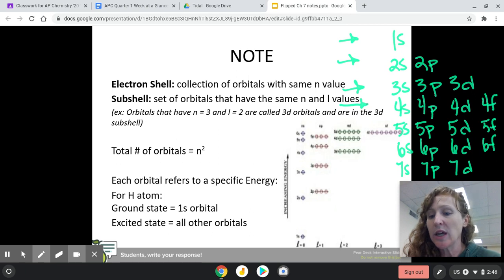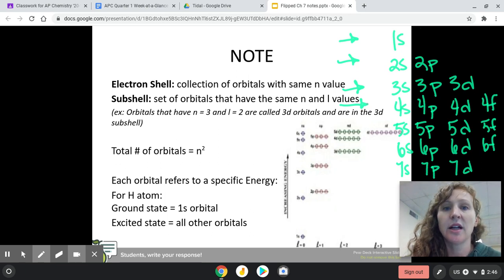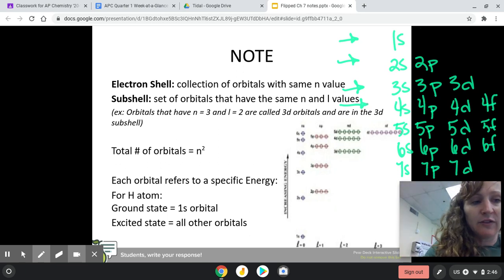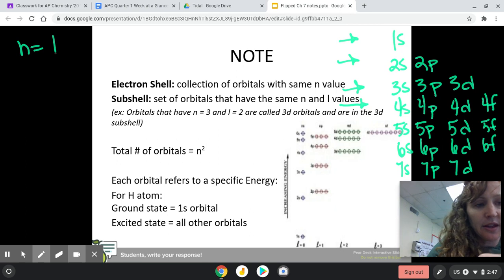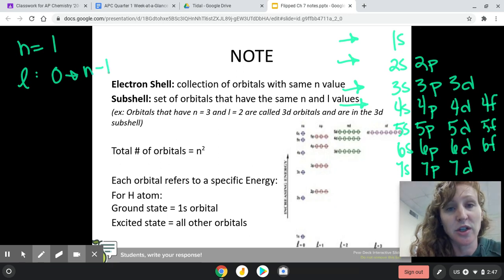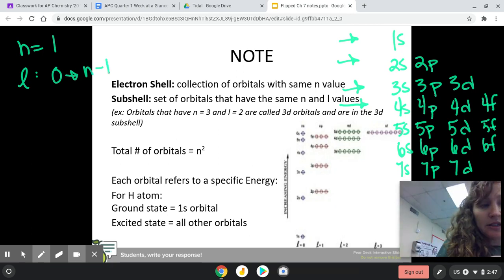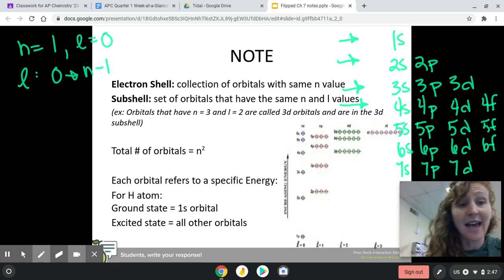Also, one thing you may note is I only listed the allowable energies. So remember how we talked about how if n is equal to 1, that would be the first energy level. That means L can be anything from 0 to n minus 1. And the only option for L in the first energy level is L equals 0, which is S, right?